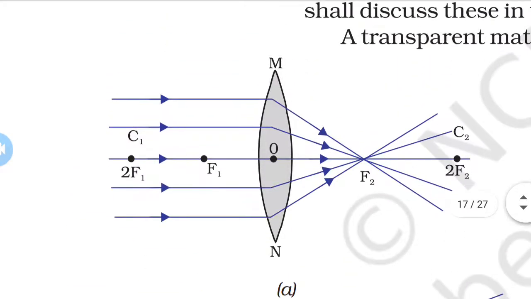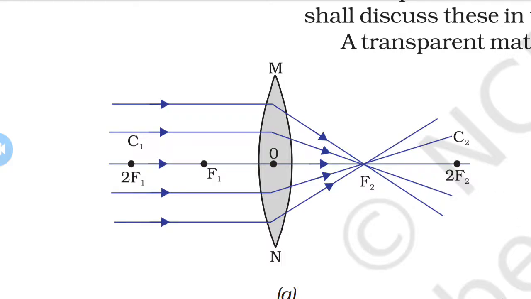Now we explain some terms regarding the convex lens, like center of curvature, principal axis, optical center, aperture, radius of curvature, principal focus, focal length. First we take the center of curvature. The center of the transparent sphere of which the curved surface of a lens forms a part is called the center of curvature of the respective spherical surface of the lens.